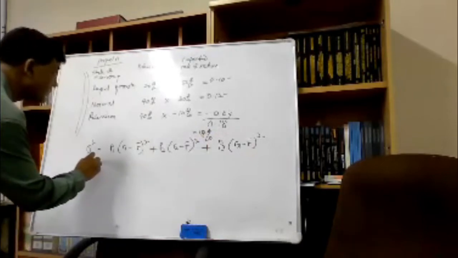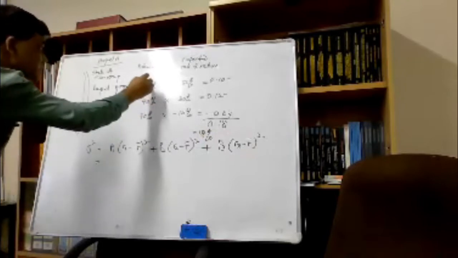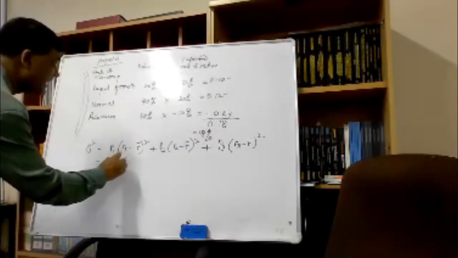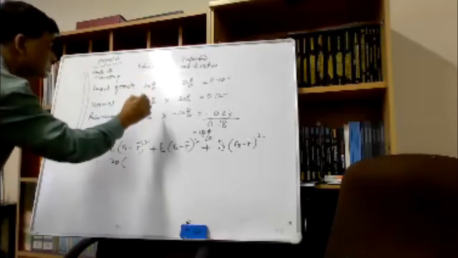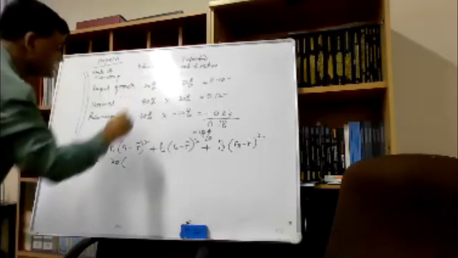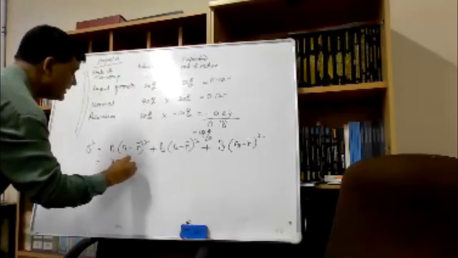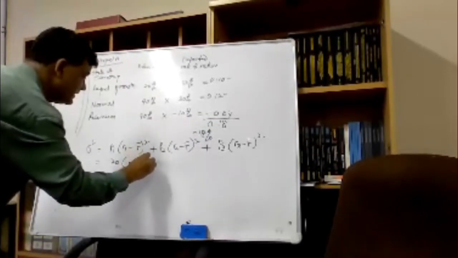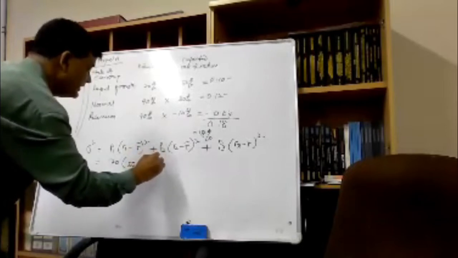In this case, our probability 1 is 20%, so 0.20. R1 is 0.50, 0.50 minus R bar, which is 18%, we have just calculated, 0.18 squared, right?